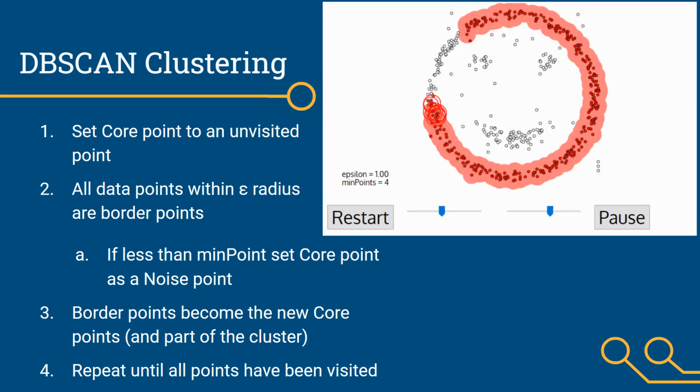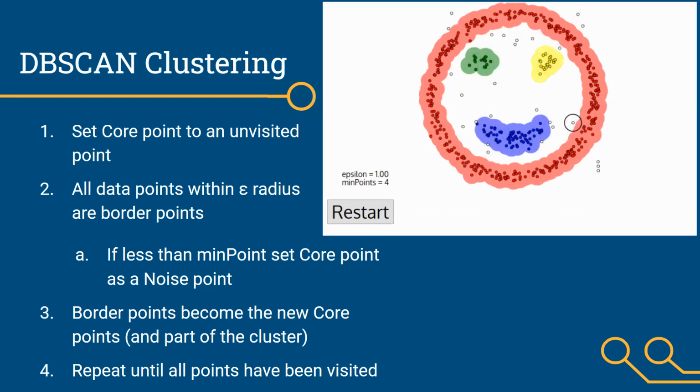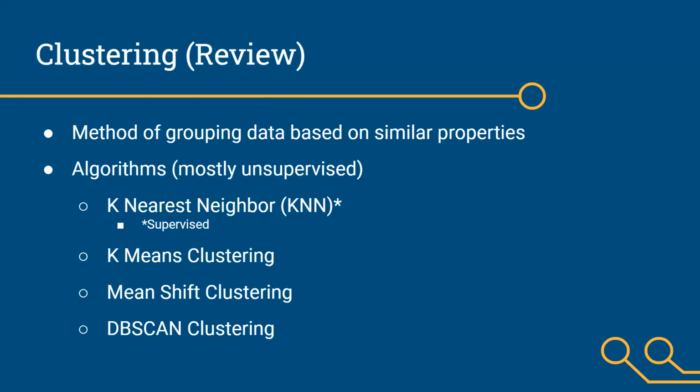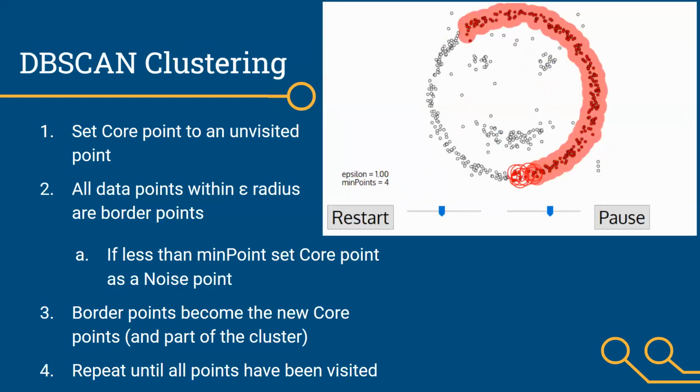So you can kind of think of DBSCAN as a clustering method that follows a path until it can't find any more points. And then it chooses a new random point and follows a path. And it can get clusters that are a lot more complicated. If you look at this shape, it would be very difficult to do this with a normal clustering algorithm because this cluster is circular around other clusters.